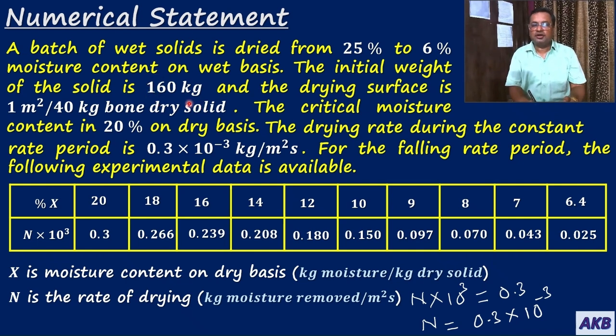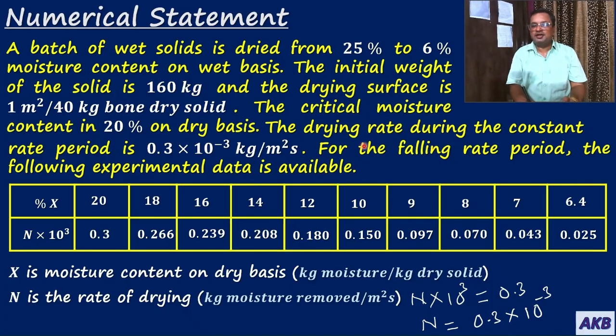So this is the weight of the sample, which is given to us. Then the drying surface is given as 1 meter square per 40 kg bone dry solid. The critical moisture content is 20%, and it is given on dry basis.